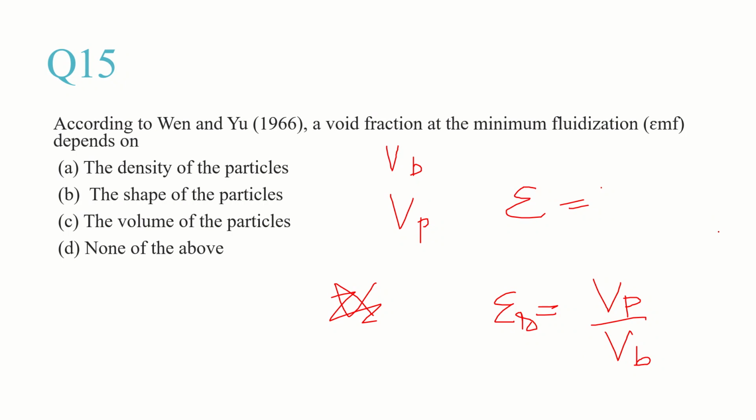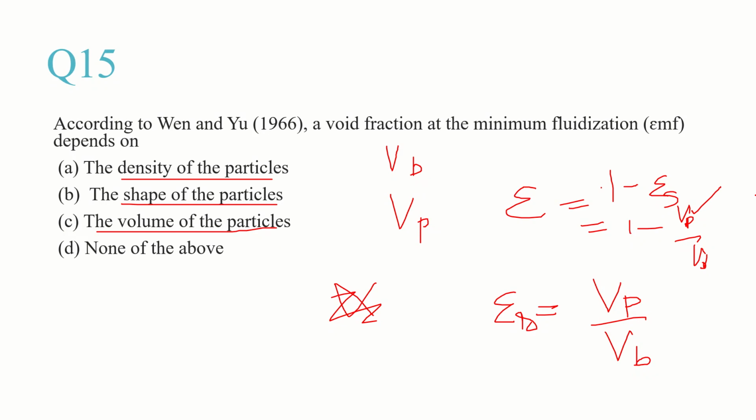To get the void fraction, we do 1 minus epsilon s, which is equal to 1 minus Vp by Vb. According to Wen and Yu, at minimum fluidization the particles are suspended in the bed and they have volume. In general, it is affected by the volume of particles, and also the shape and density of the particles.